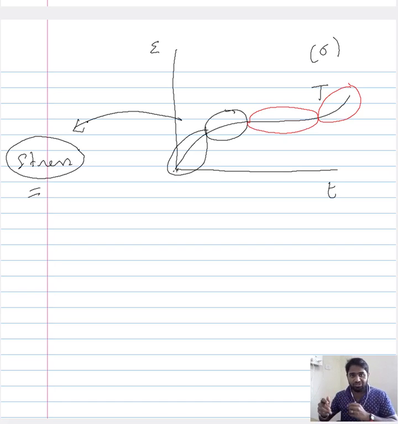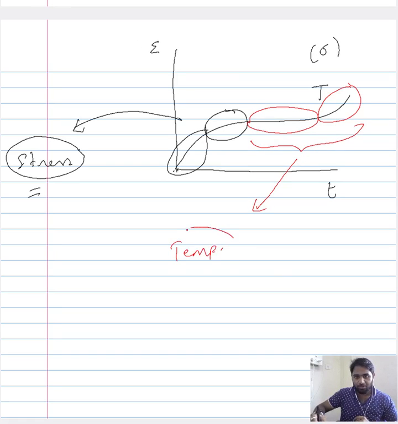In the subsequent stages involving the steady state creep and the accelerating creep, the role of temperature becomes increasingly pronounced. So we have stress playing a dominant role in the initial stages, and temperature playing a dominant role as the time progresses. In other words, the role of temperature becomes increasingly dominant with time.